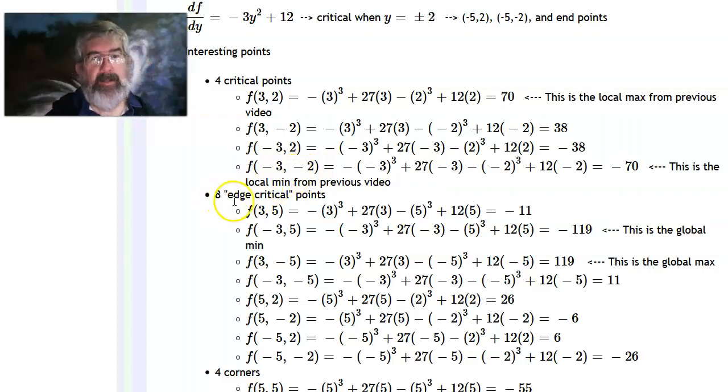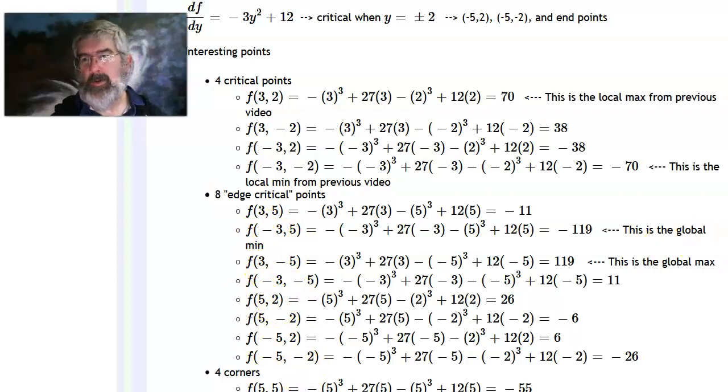I've got 8 edge critical points, right? That is, along each edge, there were some that looked like critical points. They're not really critical points for the function, but when restricted to the edge, they were local maxes and mins. There were places where the derivative with respect to one variable, anyway, was 0. And so there was 3, 5, minus 3, 5, 3, minus 5, and so on, the 5, 2's, right? So there were 8 of those.